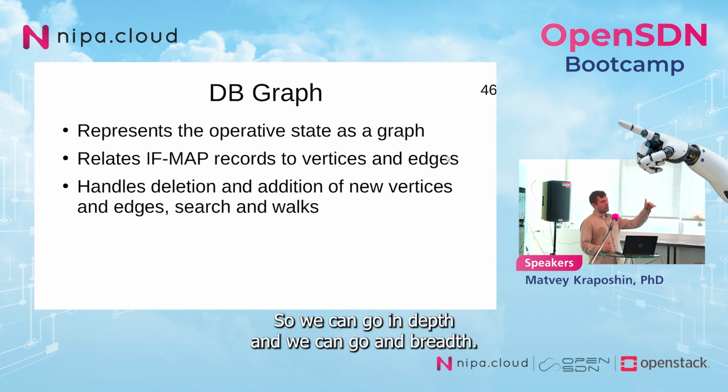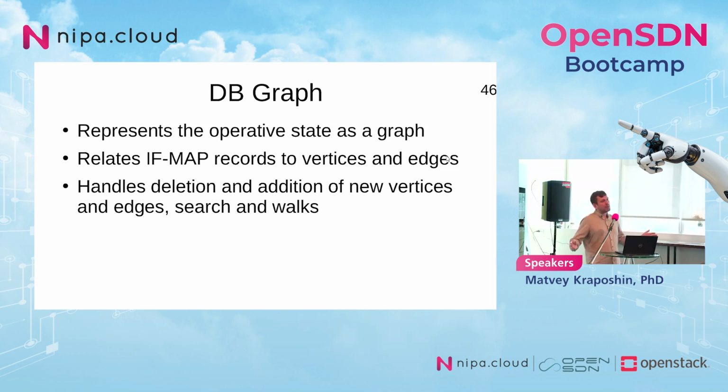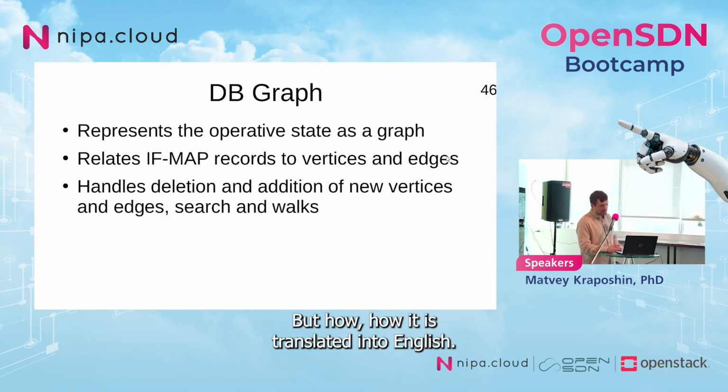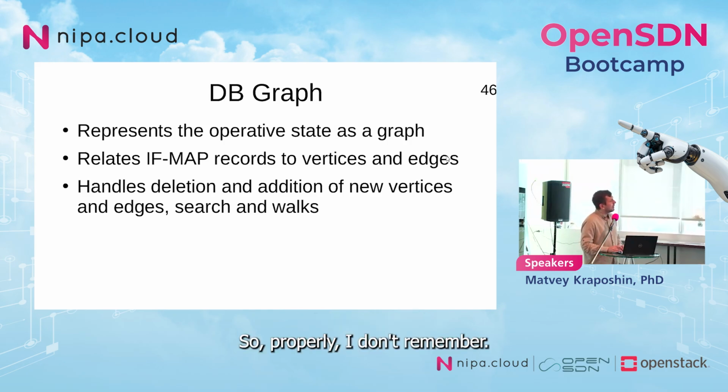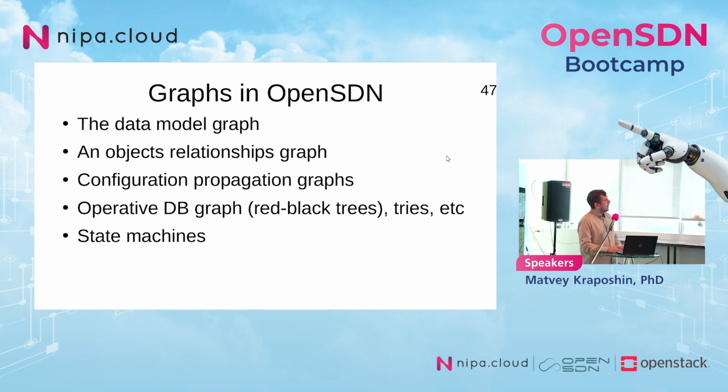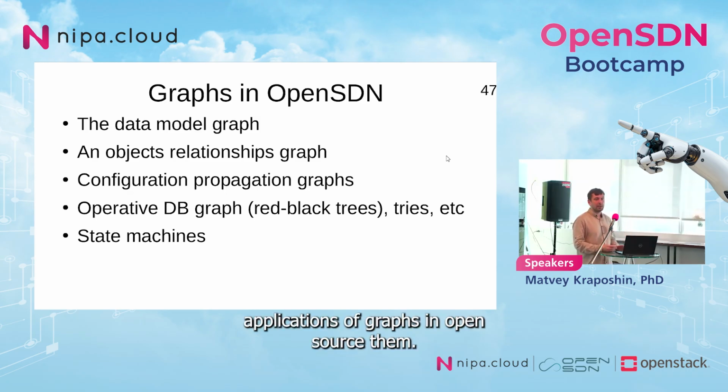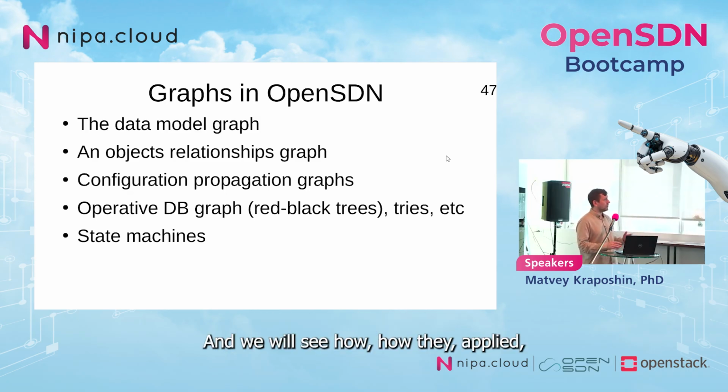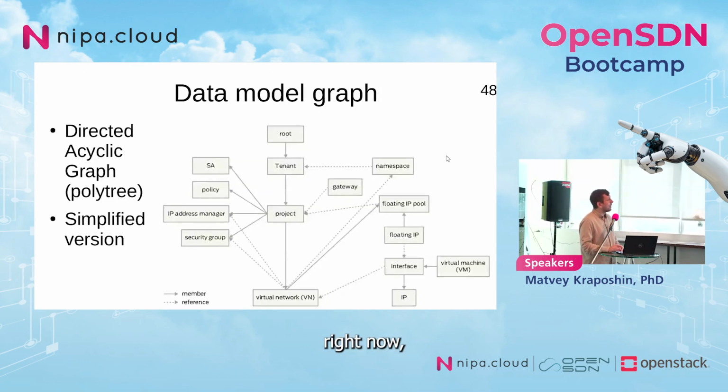So we can go in depth and we can go in breadth. But how it is translated in English properly, I don't remember. And there are at least 5 applications of graphs in OpenSDN, and we will see how they are applied right now.